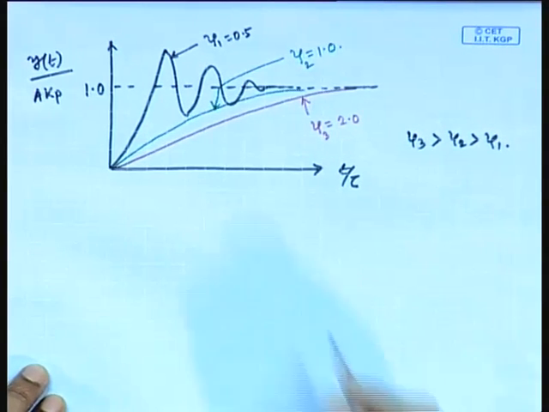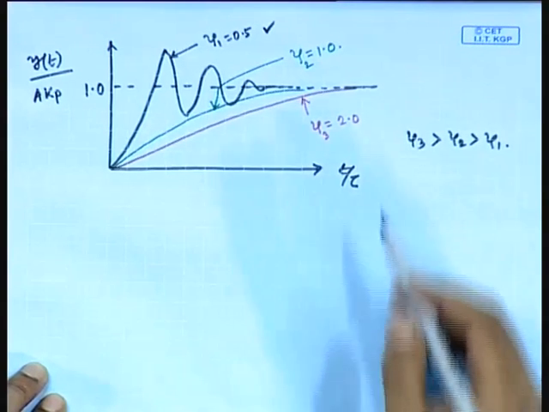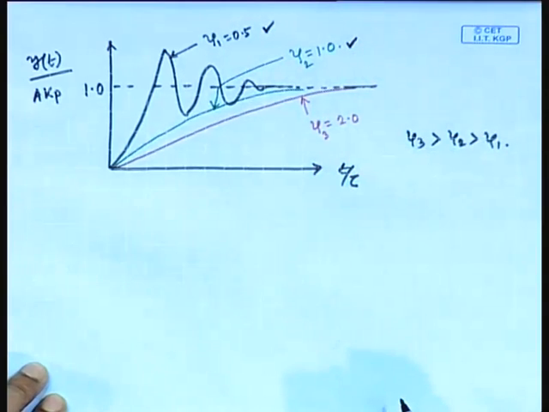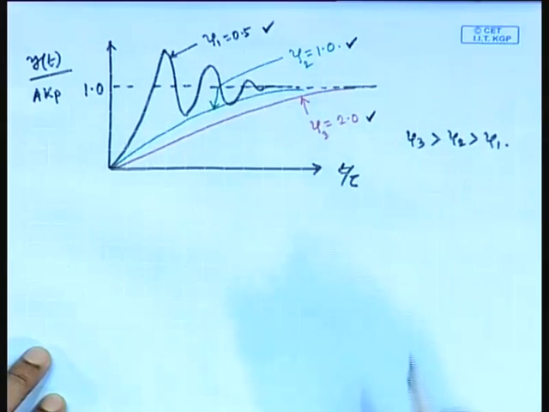This is the case of underdamped response, where oscillations are there, when zeta 1 equals 0.5. In the second case, we have considered zeta 2 equals 1, there is no oscillation and that is the case of critically damped response. And in the third case, we have considered zeta 3 equals 2, that is overdamped response and there is no oscillation.